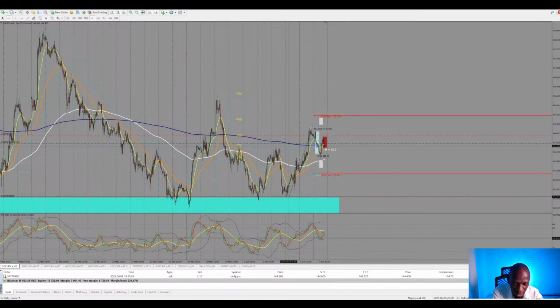As we've seen from the weekly time frame, the daily time frame, and the 4-hour time frame, all of them are pointing towards a buy signal. And so now that the week has started, we want to look for a nice entry for a buy.